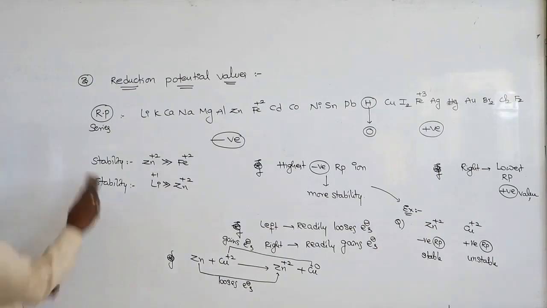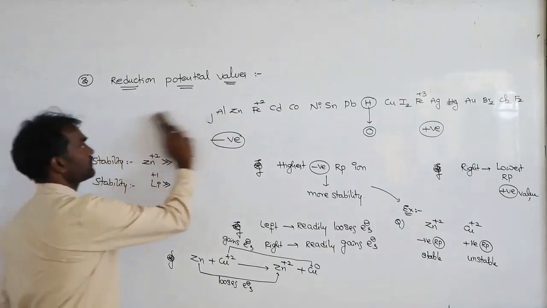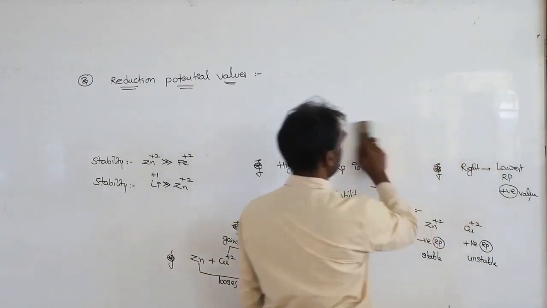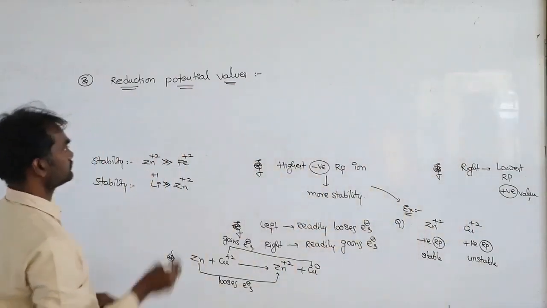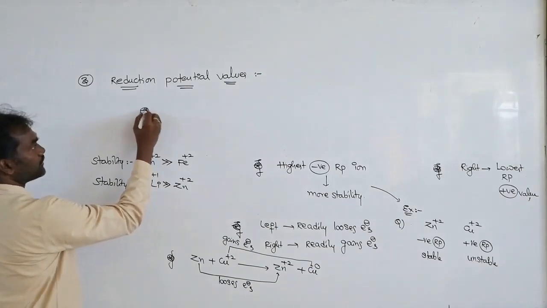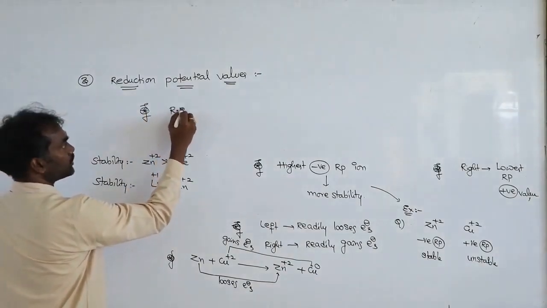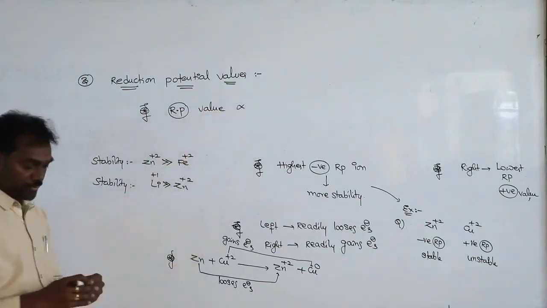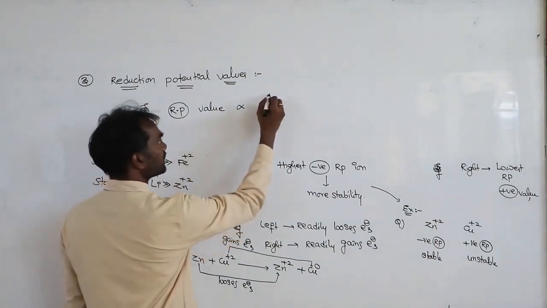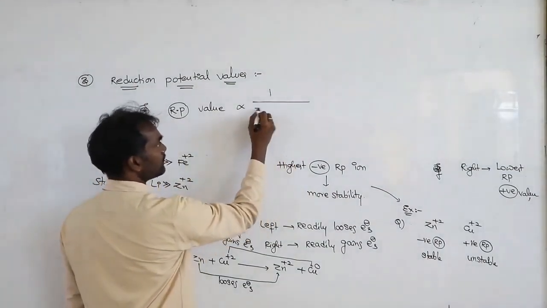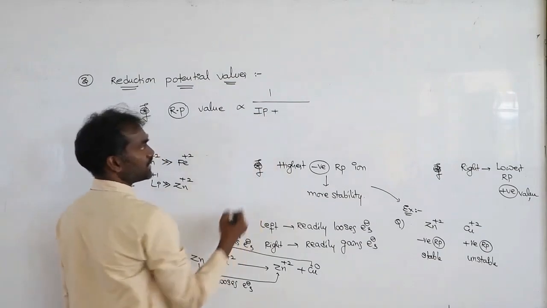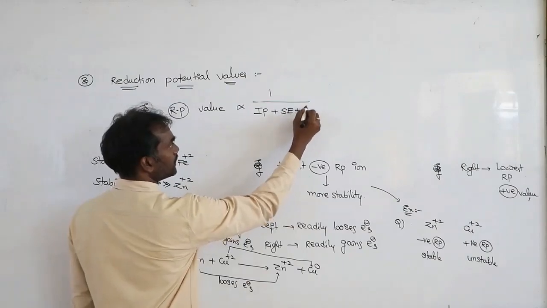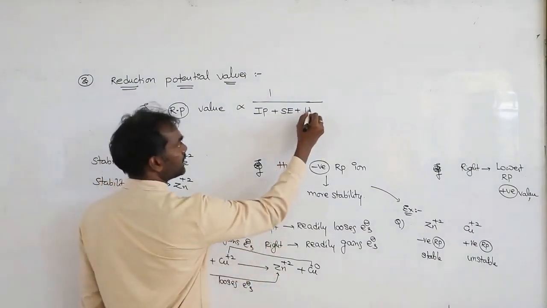Next, the reduction potential value depends on what? Another important point: the reduction potential value is inversely proportional to the sum of the ionization potential, sublimation energy or enthalpy, plus hydration enthalpy.